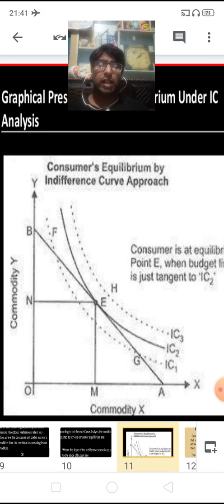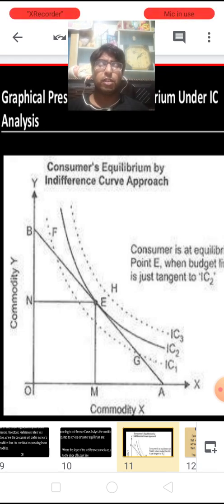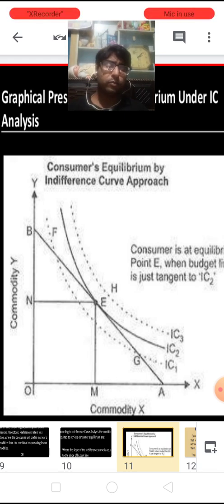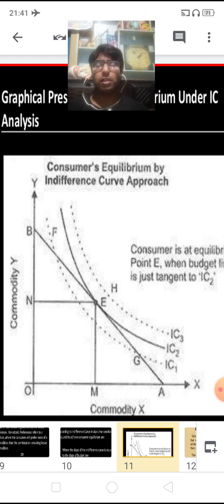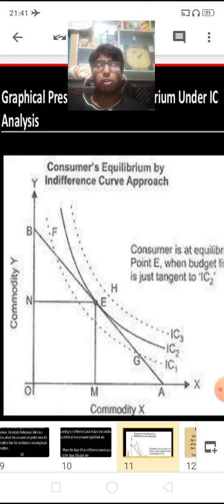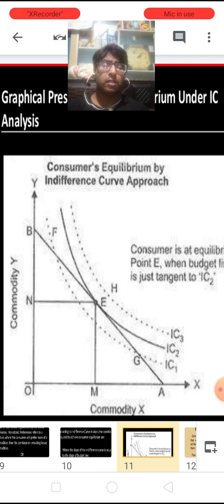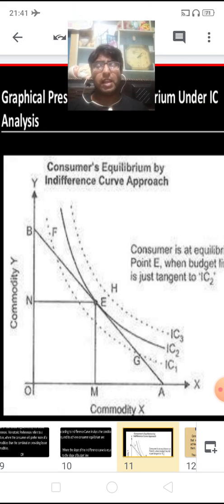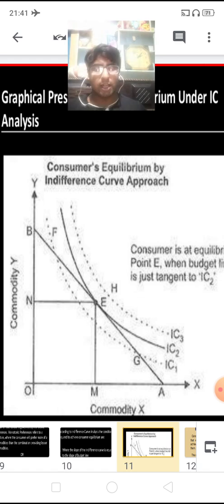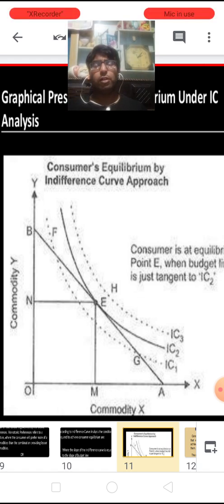Now we have another combination E, which lies on the budget line as well as on indifference curve 2. We have another point, representing with H, and this H combination lies on indifference curve 3. Now children, we have F, E, and G. These are the points by which both the conditions are satisfied. I mean the slope of indifference curve is equal to the slope of budget line, I mean MRS XY is equal to Px upon Py.